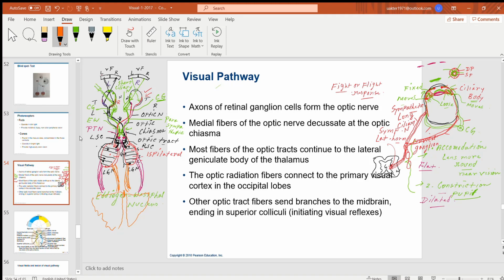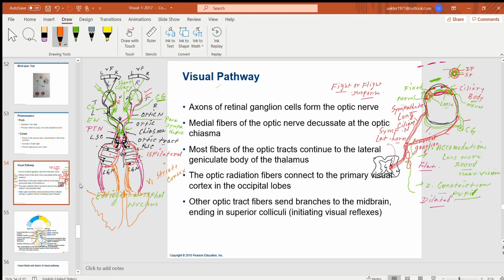We say fissure more often. So here, on the respective sides, is the primary visual cortex, or V1, which is also known as the striate cortex, in the back of the occipital lobe. You know the primary visual cortex, right?